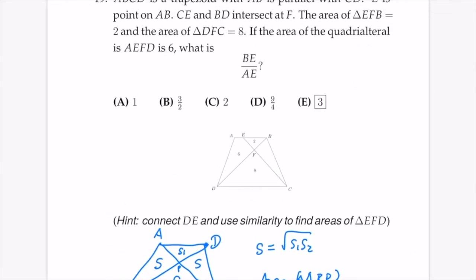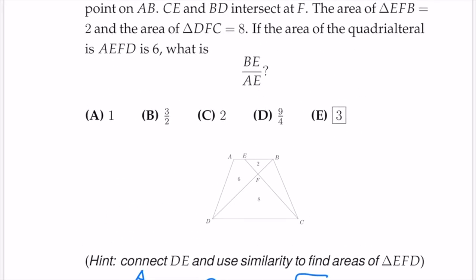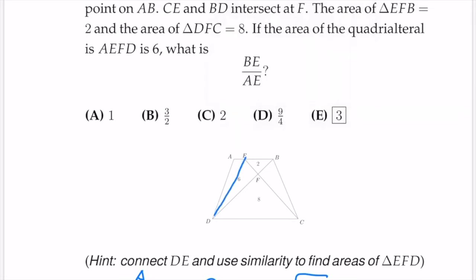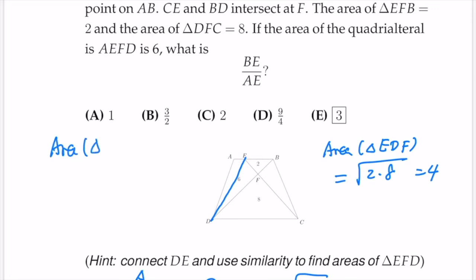So using this result, we can solve the problem. If we draw a line from E to D, we would realize that the area of triangle EDF would be equal to the square root of 2 times 8, which is equal to 4. So therefore, the area of triangle DEB would be equal to 2 plus 4, that's 6.